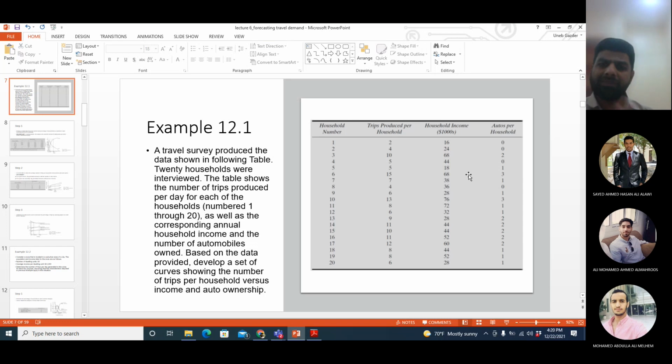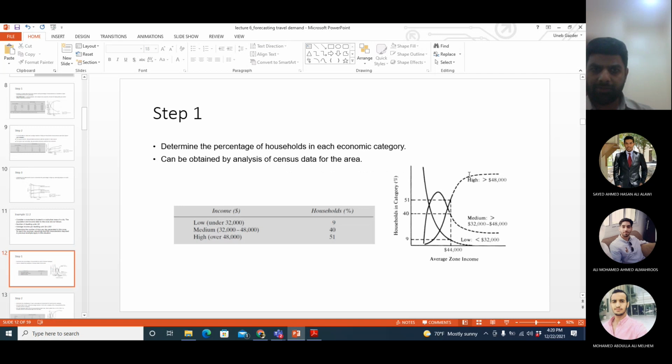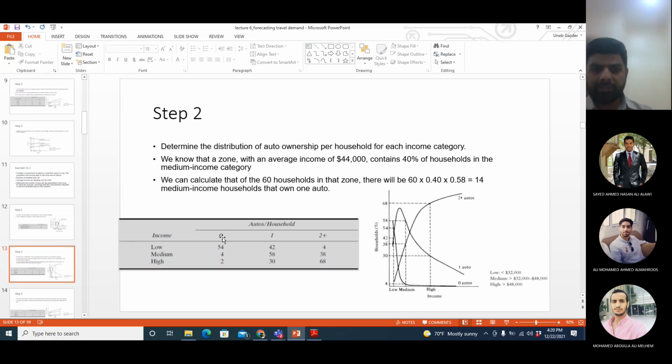Then from these 7, I will find out the percentage which have 0 cars. According to the table which I showed you, there should be 54%. Out of these 7 which have low income, how many have 0 cars? 54%. How many have 1 car? 42%.